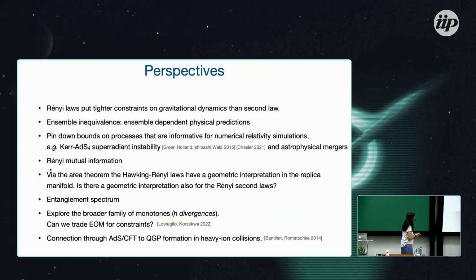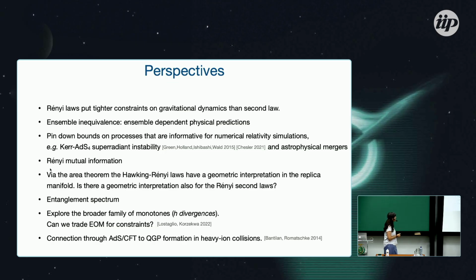And so, with that, let me conclude. What I tried to argue today with our proposal of looking at these Renyi laws for black holes is that in general they can put tighter constraints on gravitational dynamics than the second law.